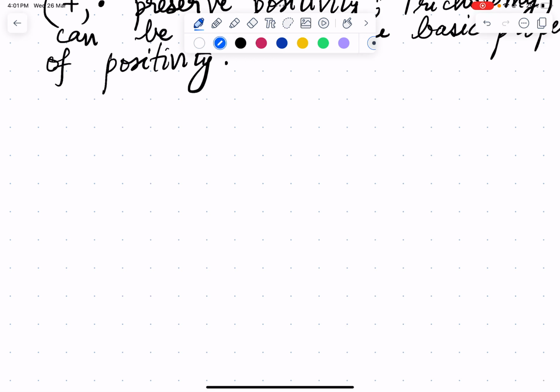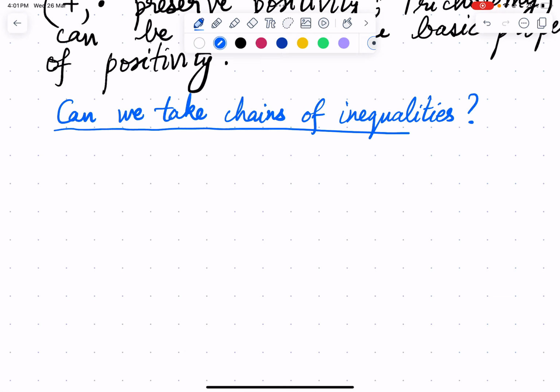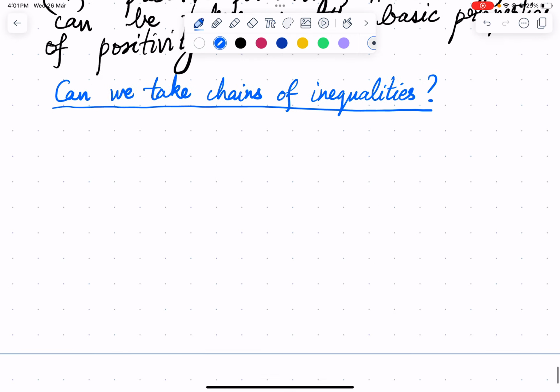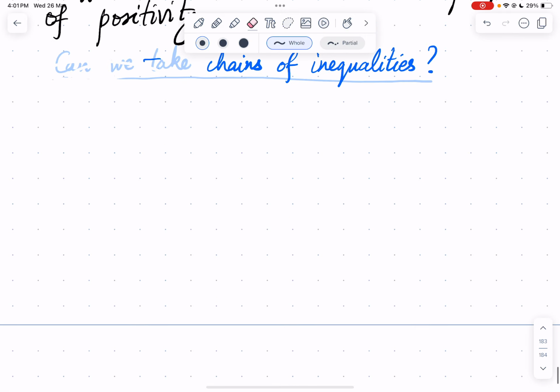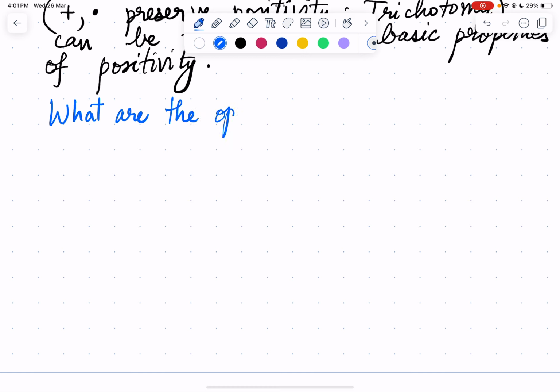So now we can ask, can we take chains of inequalities? So we can ask a more vague and more general question. What are the operations we can perform on inequalities?